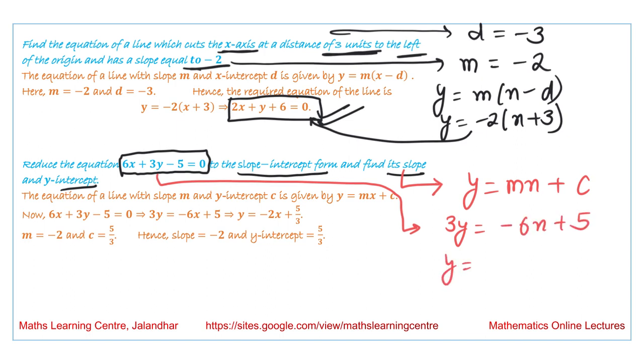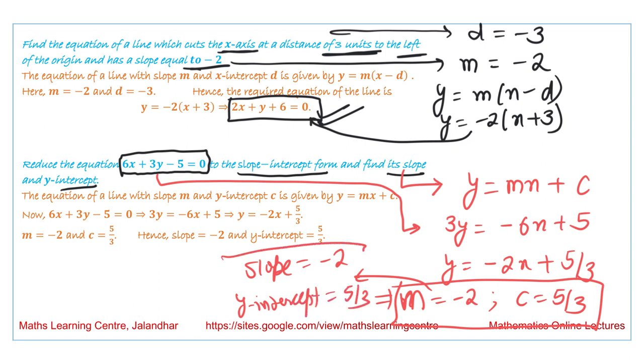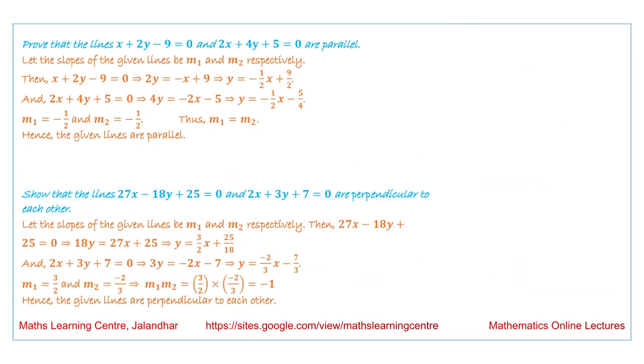We obtain y is equal to minus 2x plus 5 by 3. So this implies that the value of m is equal to minus 2, and the value of c is 5 by 3. So we are saying the slope of this line is equal to minus 2 and the y-intercept is equal to 5 by 3. This is the slope and the y-intercept that we have.